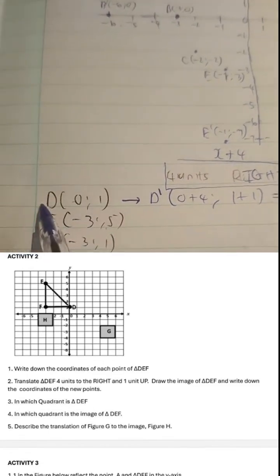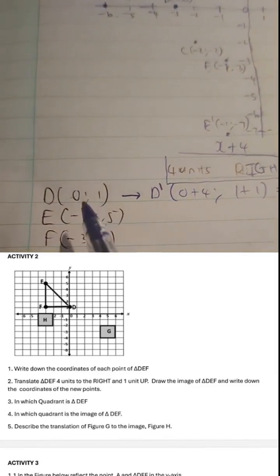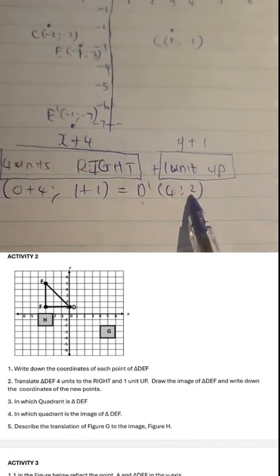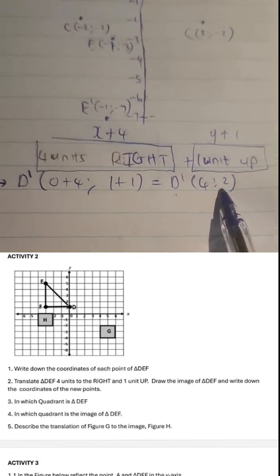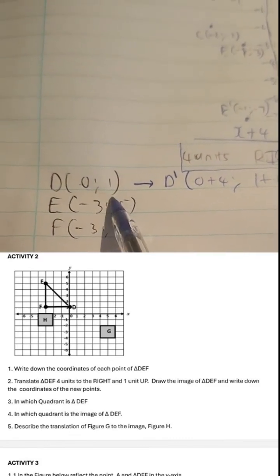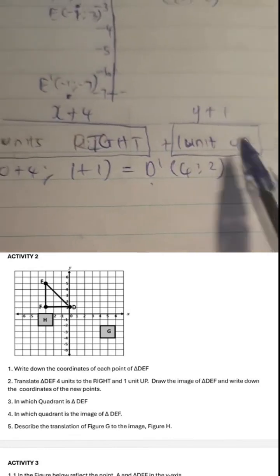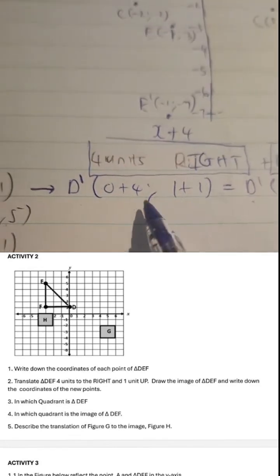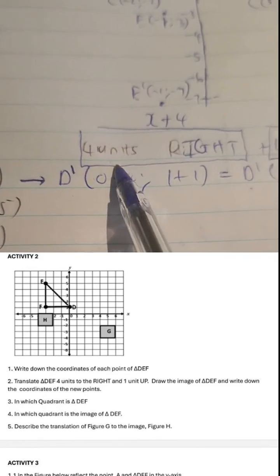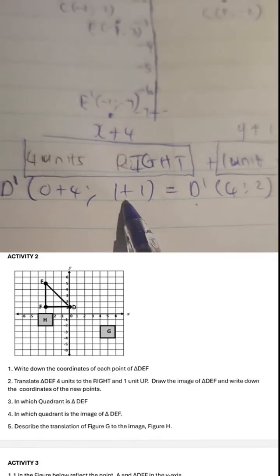Remember, if we had butchered identifying D and had identified the incorrect coordinates, then this would have led to us getting the wrong image of D. But because we've identified the right coordinates of D first and foremost, we are now able to apply the right translation. 4 units to the right, meaning addition to our x coordinate. 1 unit up, meaning addition of 1 to our y coordinate.